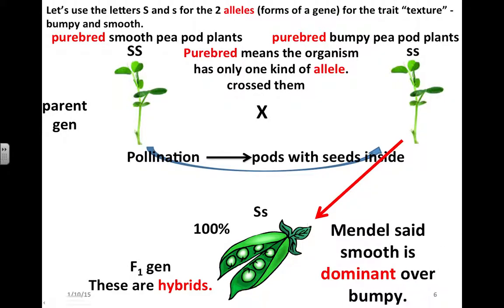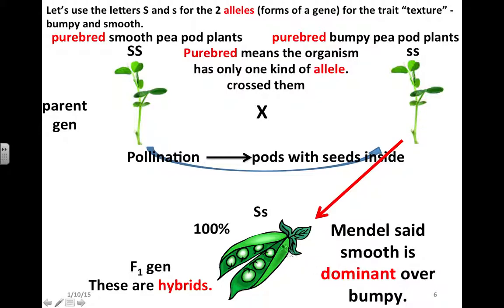So Mendel said that smooth had to be dominant over bumpy. Write it down. It's in red. It's a vocabulary word, so you should be kind of figuring out what dominant means. Dominant means that if you've got two different alleles, one of them is going to be dominant over the other.